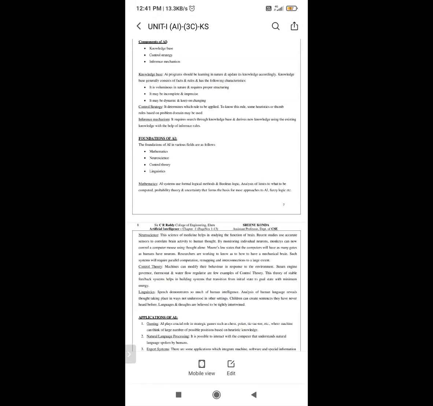Some of the examples of control theory are steam engine governor, thermostat, and water flow regulator.